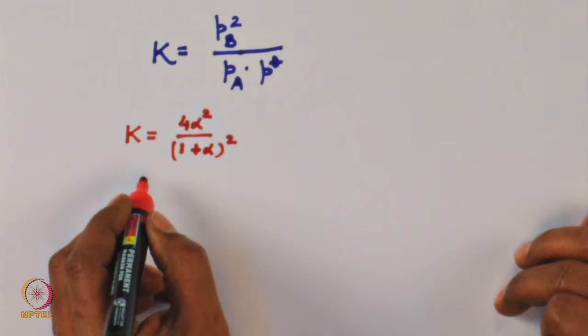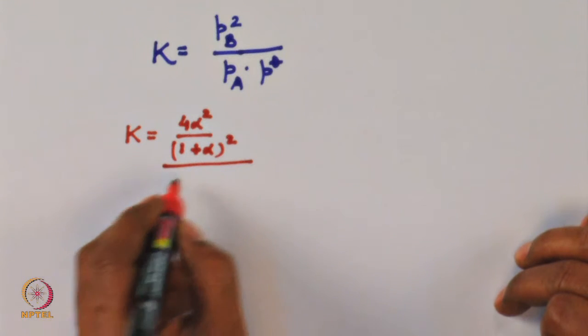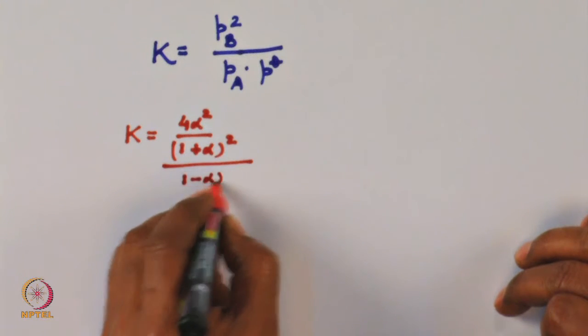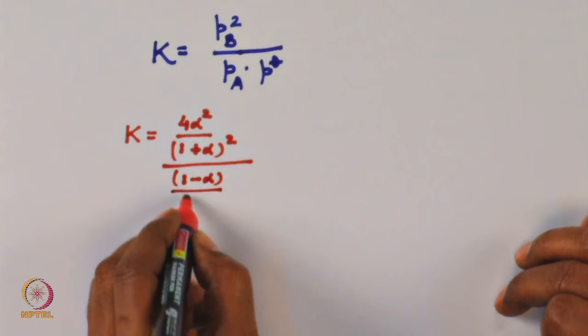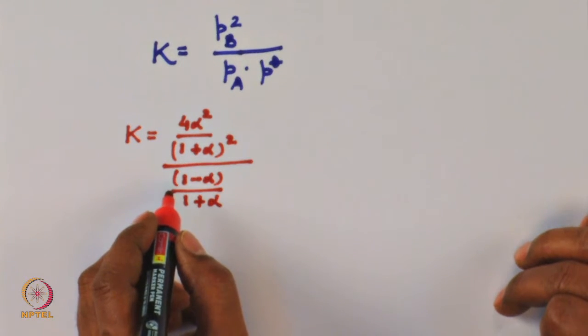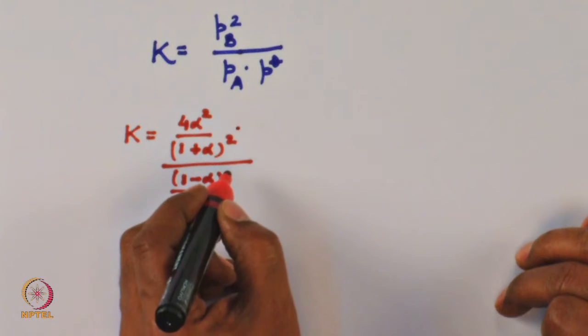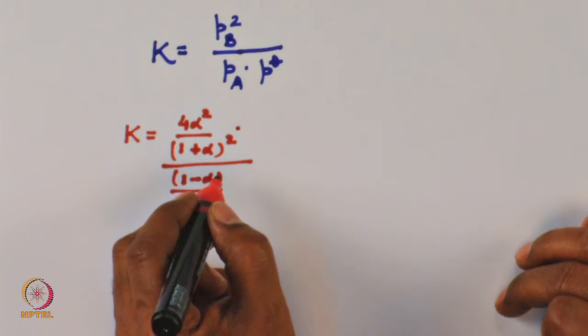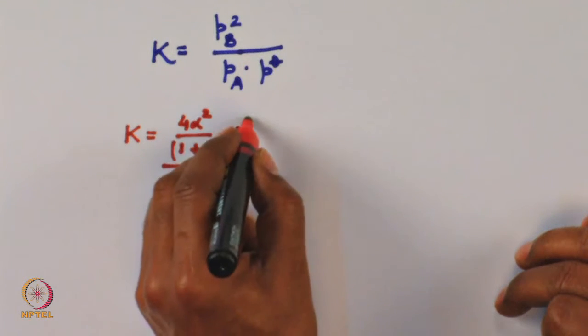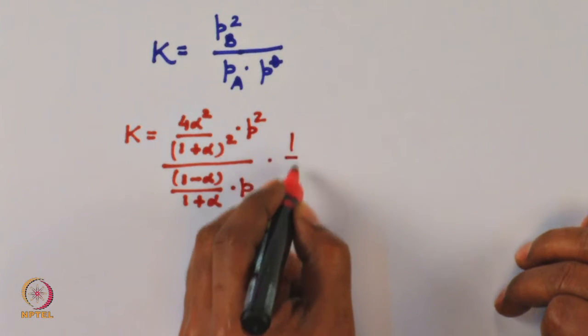This is P B square divided by P A. P A is (1 minus alpha) over (1 plus alpha), and into this, P square into P into 1 over P naught.